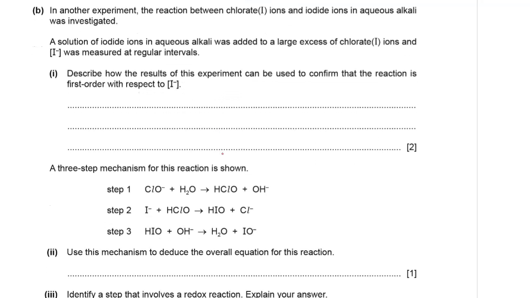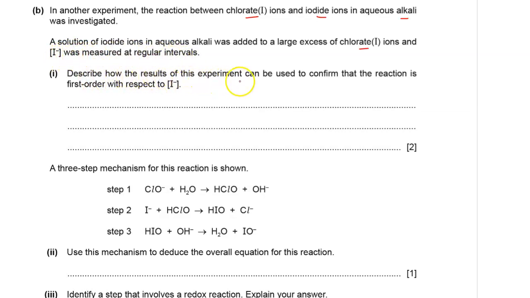In another experiment, the reaction between chloride ions and iodide ions in aqueous alkali was investigated. The solution of iodide ions in aqueous alkali was added to a large excess of chloride ions, and chloride ion concentration was measured at regular intervals.